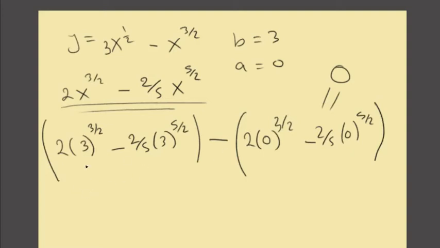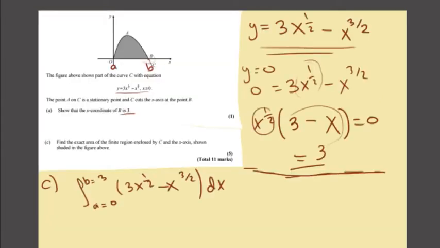After doing it on your calculator, you should obtain the value 12 over 5 root 3. That is the final value that you should get. So, in other words, the area underneath this curve right here is equal to 12 over 5 root 3.